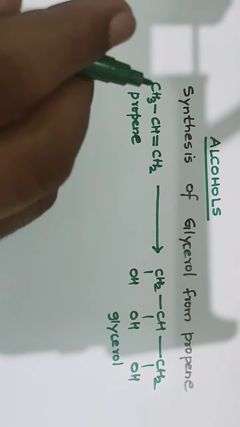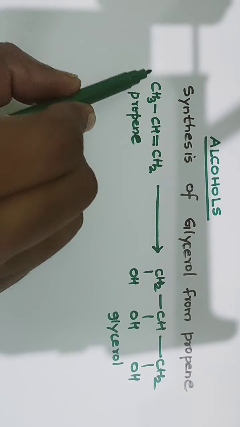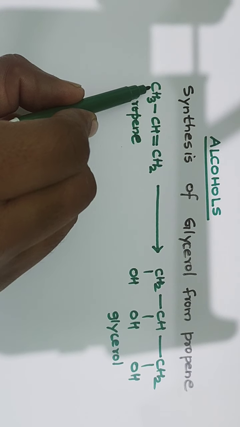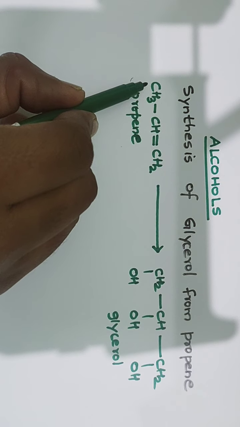Okay, so preparation of glycerol from propene involves three steps. In the first step, here OH will be introduced. First, a chlorine will be substituted here, and that chlorine will be substituted by OH.